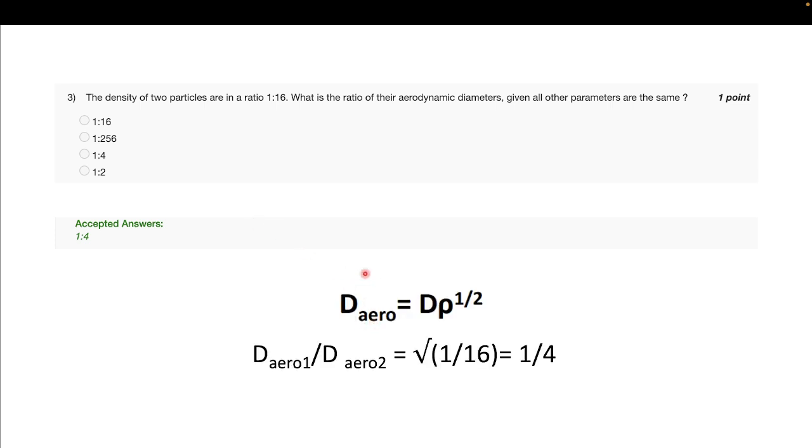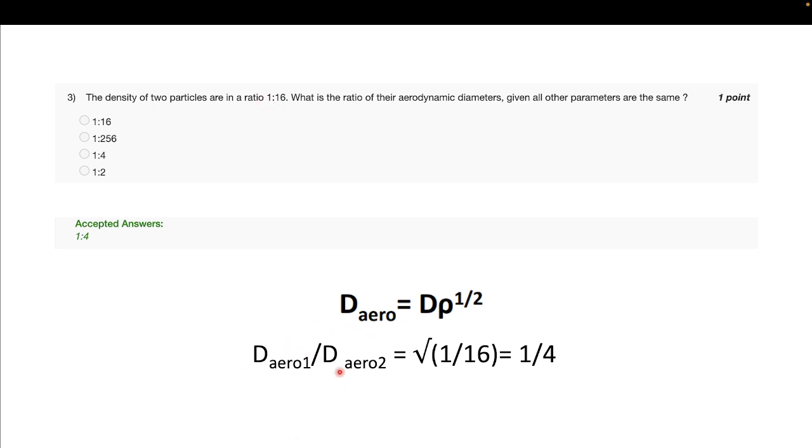The way you calculate aerodynamic diameter is, you take the physical diameter of the particle, which is denoted by d here, and take the root of the density of that particle. So what you're given here is the ratio of the density of particles, that is 1 is to 60.